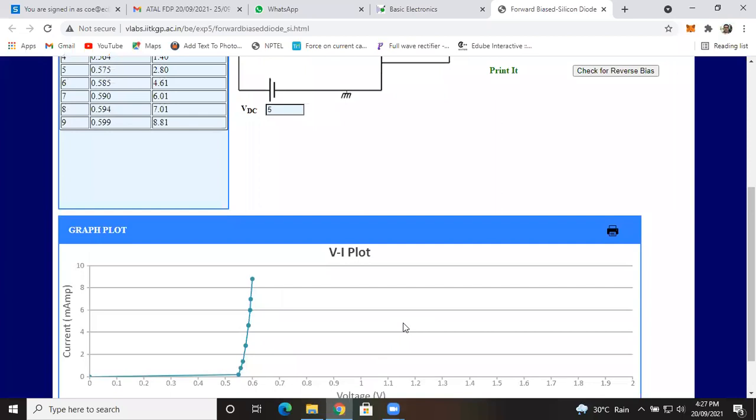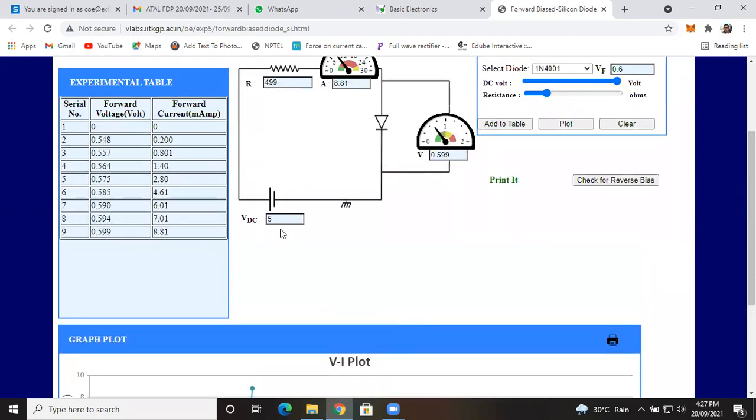Then definitely the question comes in your mind, can we increase the external supply voltage infinitely? So that answer is no. Why no? Because there is a certain limitation for the forward bias diode. It can conduct current up to a certain value.